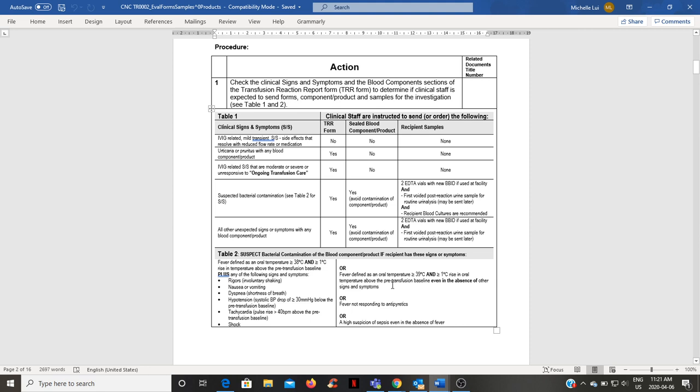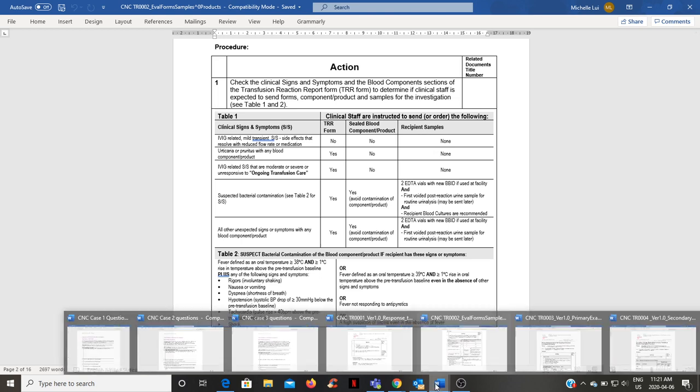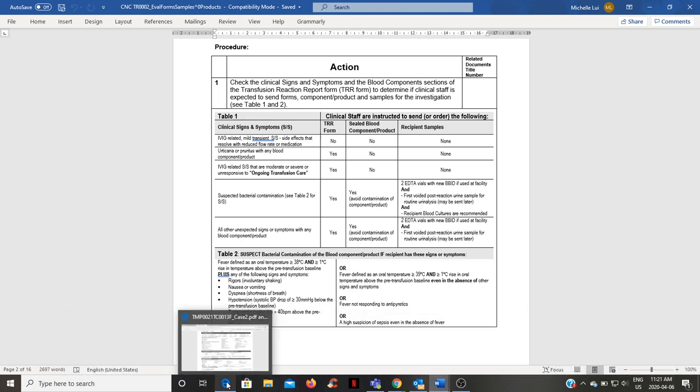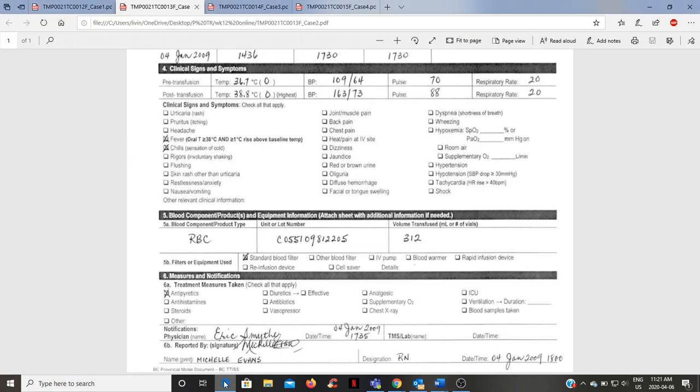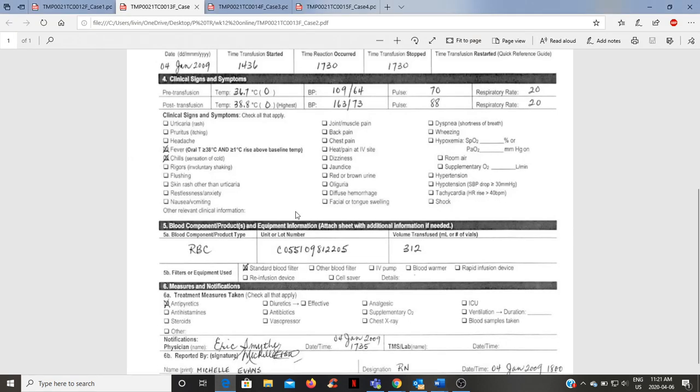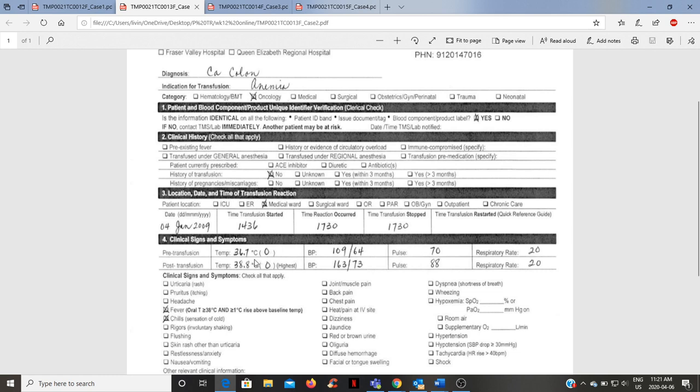So was this patient's temperature above 39? I don't believe so. But let's hop back and look. What's this one? Okay, case 2. His temperature was 38.8, so not quite there. So technically does not fit in that category.